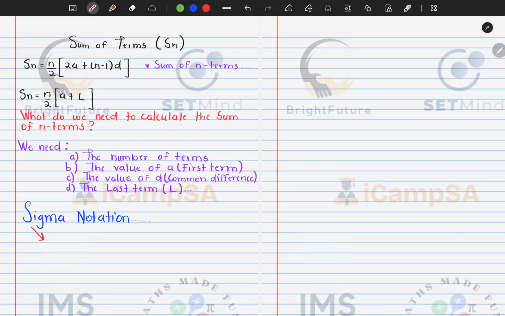So sigma notation is just another way to express the sum of terms of a series. So this means if they do ask us a question where we are required to take a series and then express it in sigma notation, we should be able to do that, because all sigma notation is, is another way to express the sum of terms of a sequence or a series.